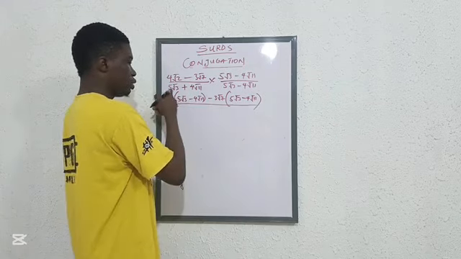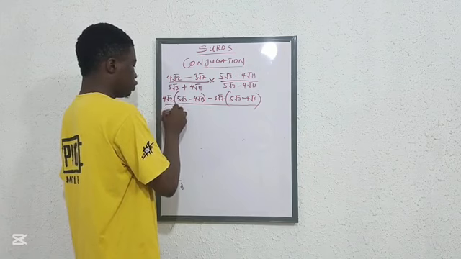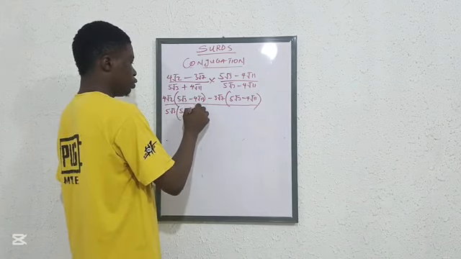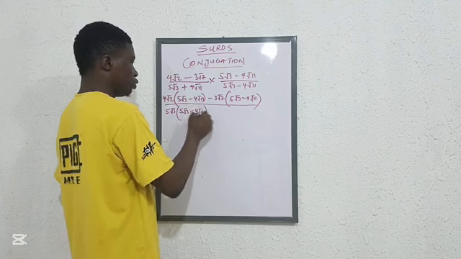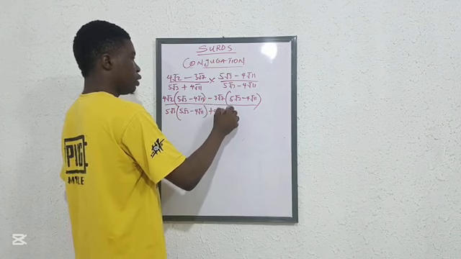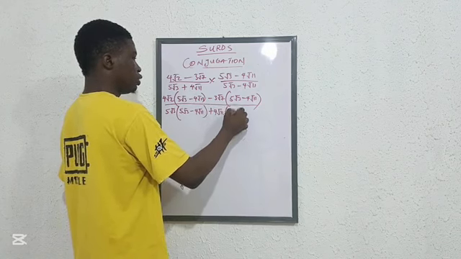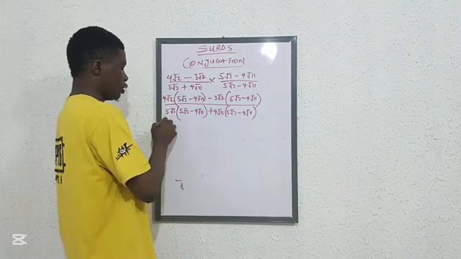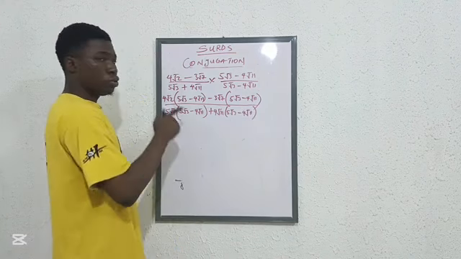Over the same thing. Take this one, 5 root 3, open bracket, take everything here, 5 root 3 minus 4 root 11, then plus 4 root 11, then 5 root 3 minus 4 root 11. So now let's do the numerator.